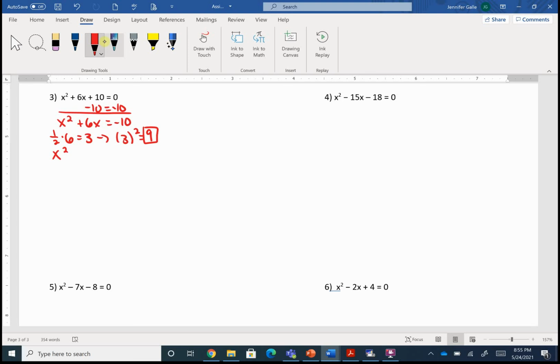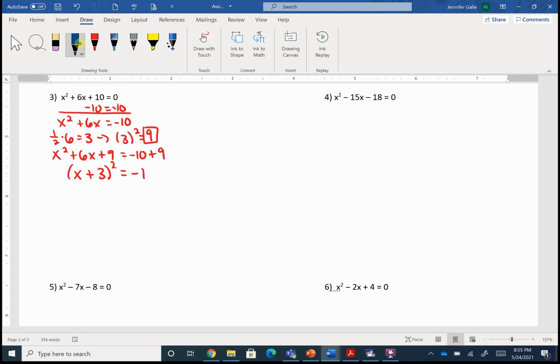So x squared plus 6x plus 9. That would give us a square if we drew it out with algebra tiles. And then we have negative 10 plus 9 over on the right side. We have to add 9 to both sides to keep it balanced. Then we have x plus half of b, which is 3, squared. And then over on the right side, we have negative 1.